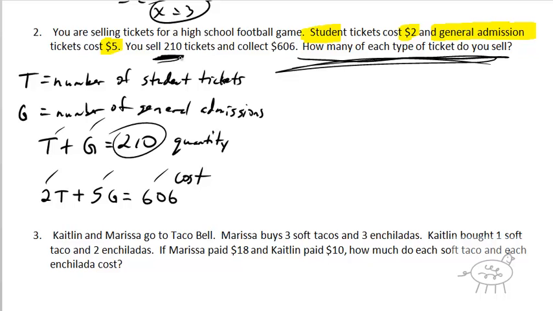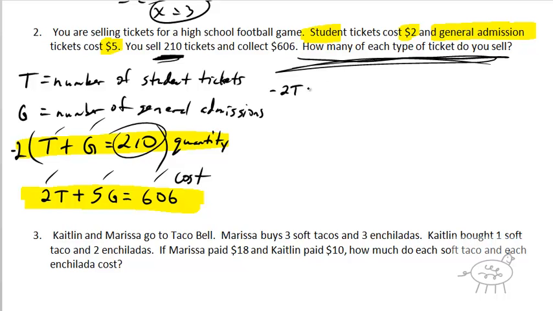All right. So what I'm going to do with this problem, math fans, is I can do it a bunch of different ways, but I'm going to eliminate the t. So between these two equations, I'm going to eliminate the t, so I'm going to multiply this by -2. That'll give me negative 2t and positive 2t. So let me rewrite this.